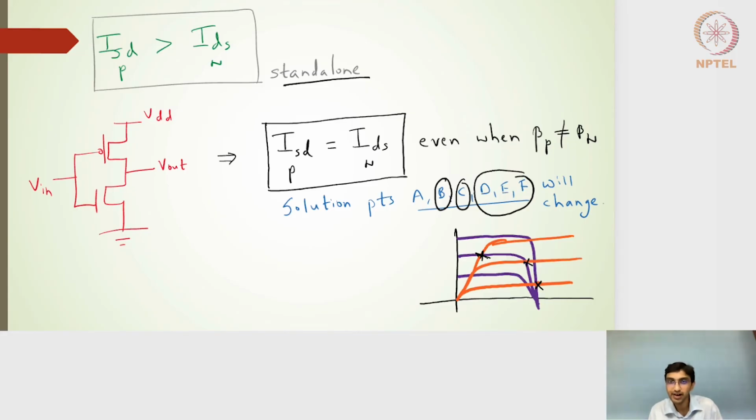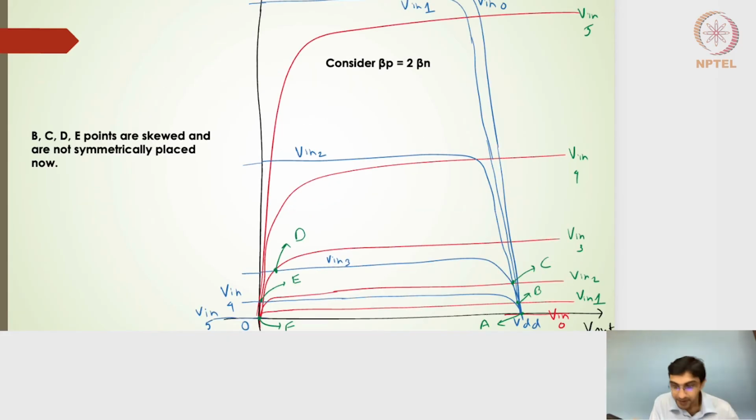It will be different now because it is a skewed inverter. So the betas are changed. So the betas are not equal. So those intersection points where we had the betas to be the same, those positions of the intersection points will be different now. So hope you are able to understand.